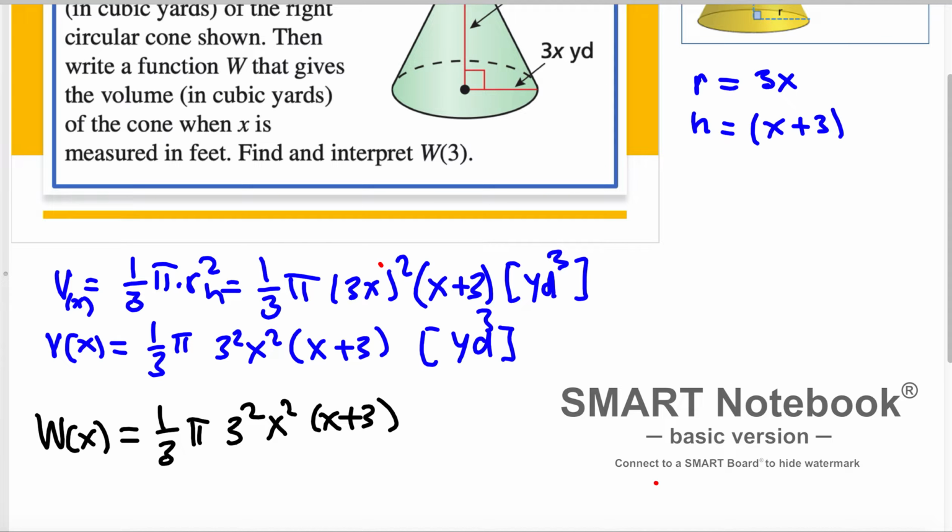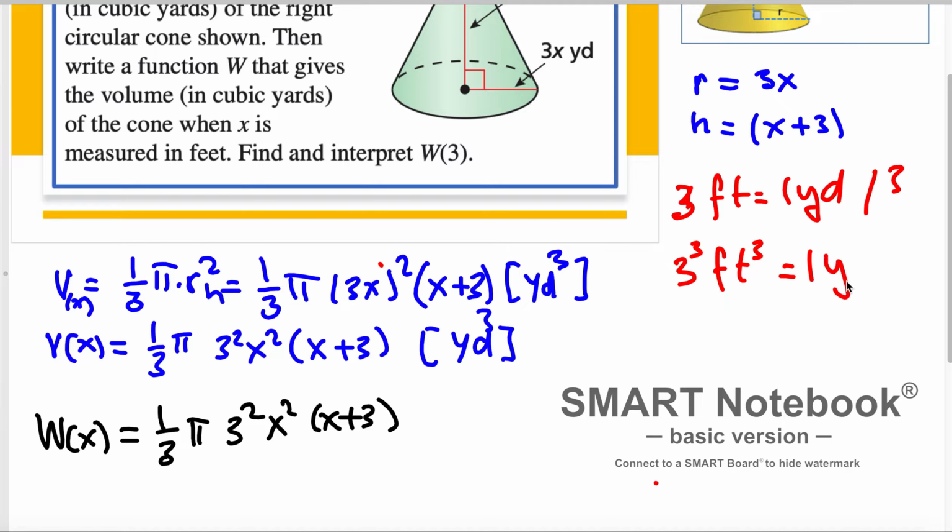But let me convert from cubic yards into cubic feet. 3 feet, in fact, are equal to 1 yard. Because I want the cubic, because here we have cubic yards and I want to convert into cubic feet, if I raise everything to the exponent 3, it is going to be 3 cubed feet cubed equal to 1 cubic yard, if we are cubing this whole equation.